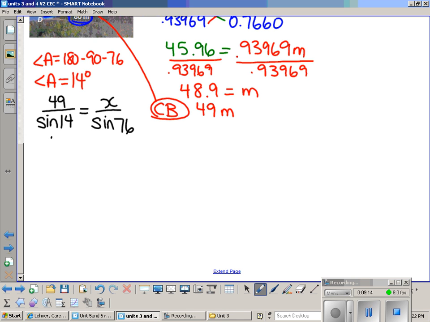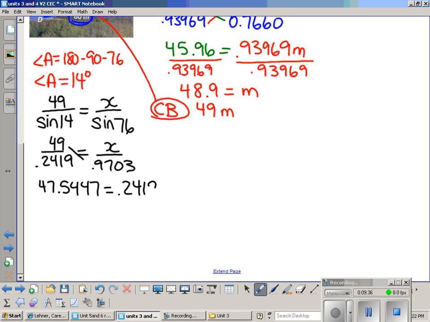Sine of 14, 0.2419. Sine of 76, 0.9703. Cross multiply. We get 47.5447 equals 0.2419x.